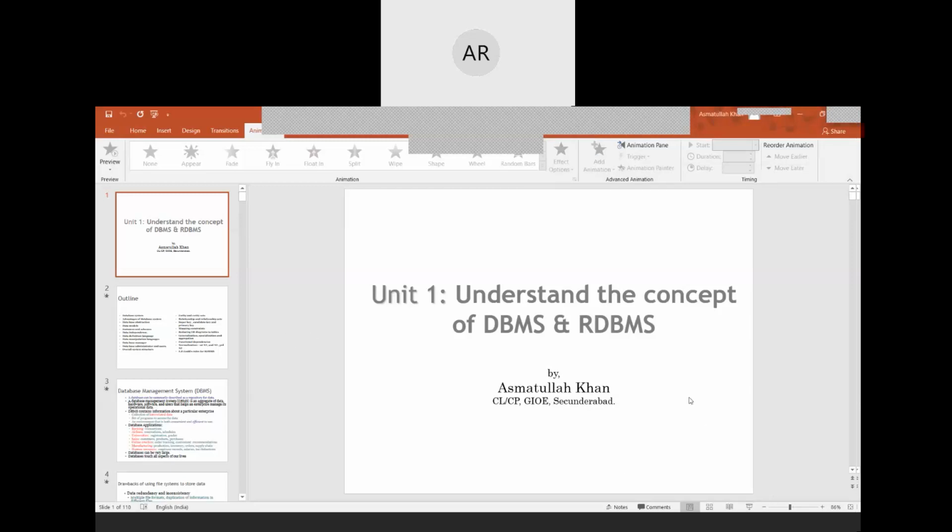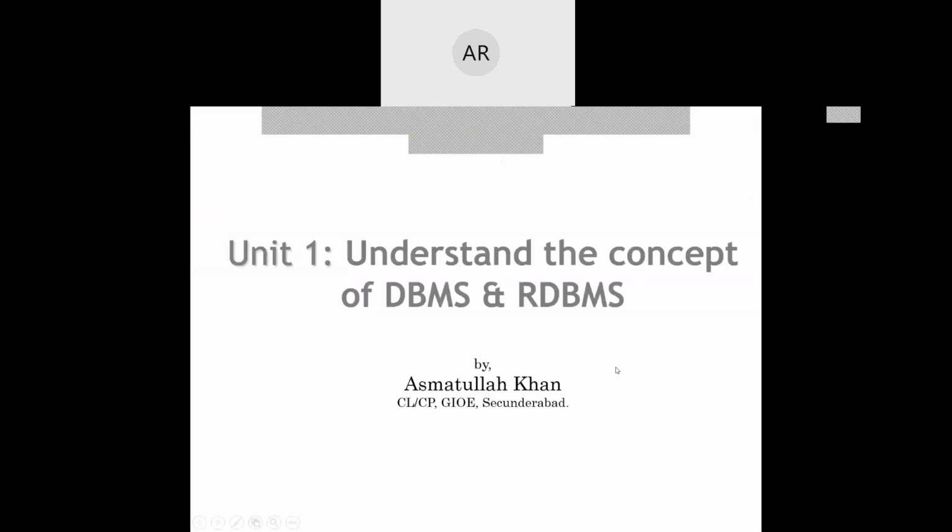We have already started this DBMS class, but since there has been a long gap in between, I just wanted to have a recap of the previously known concepts. In our outline of the first unit, we started with learning what is a database system.